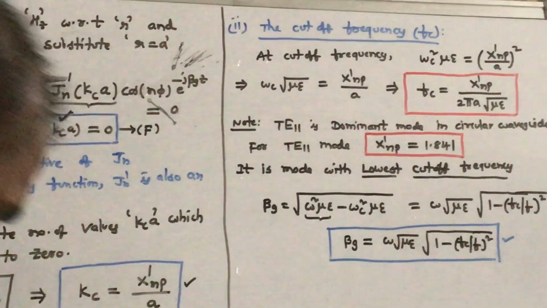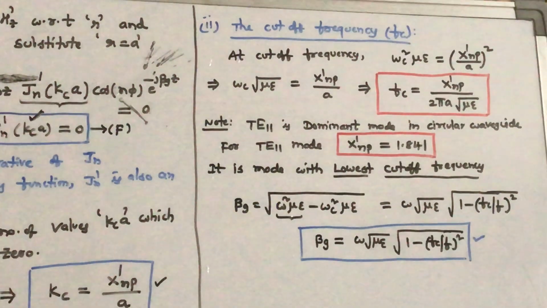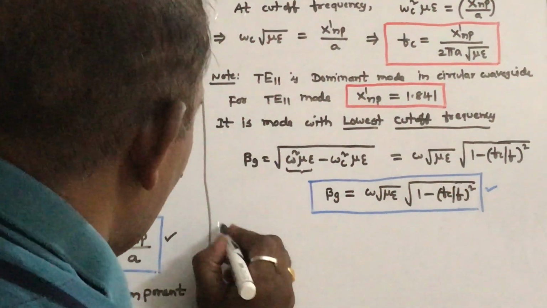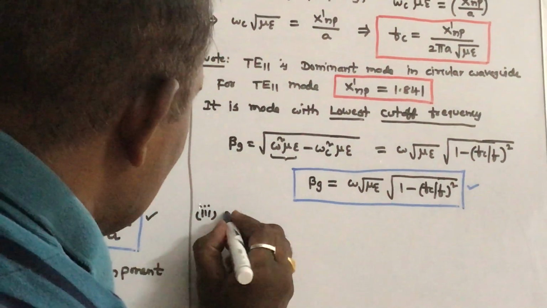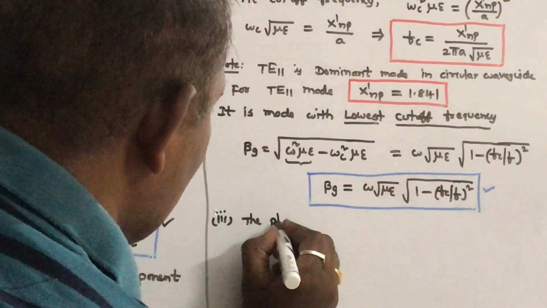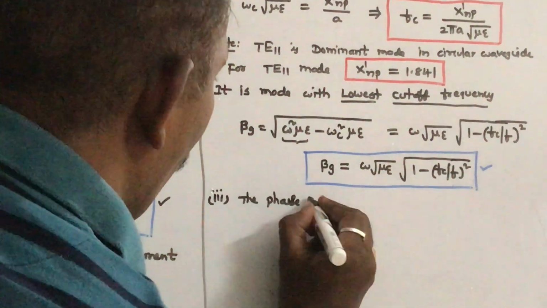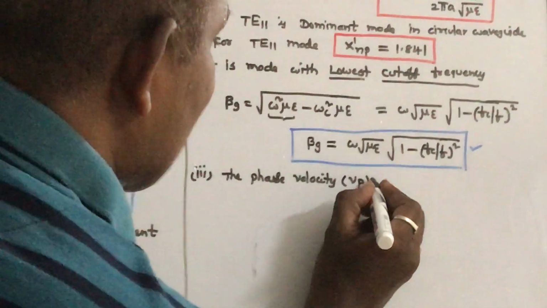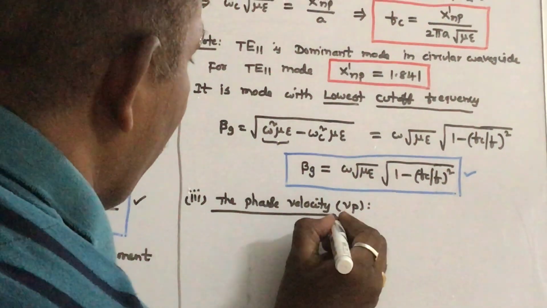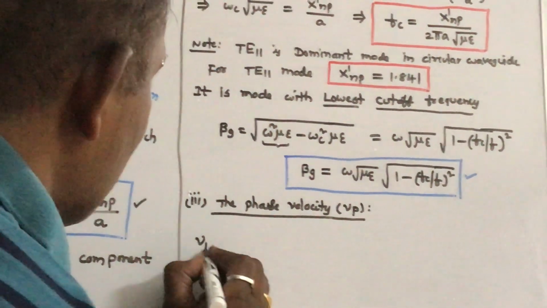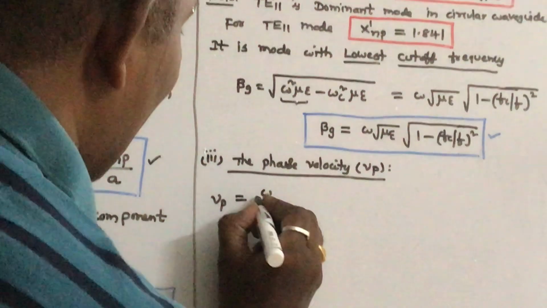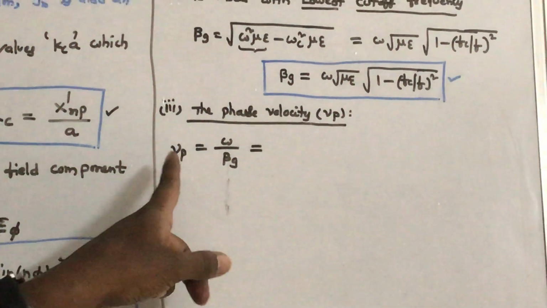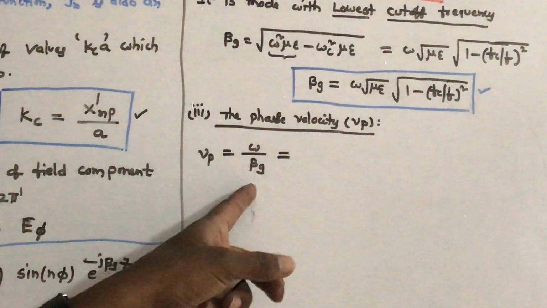Now finally, three more formulas. The first is the phase shift constant, and the next is the cutoff frequency. The third one is the phase velocity, represented with V suffix P. As you know from electromagnetics, the phase velocity is omega by beta g.